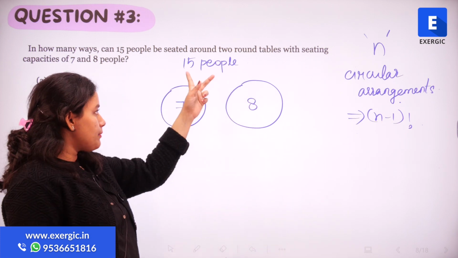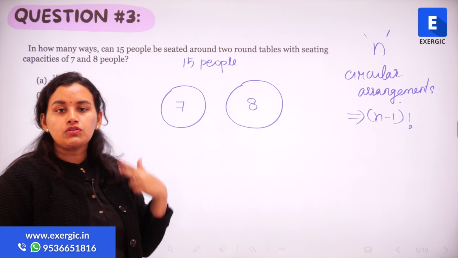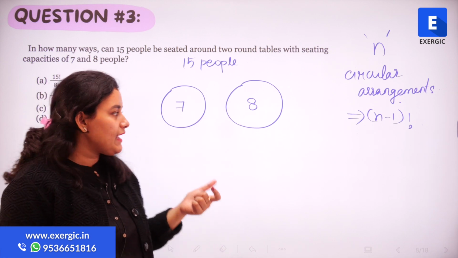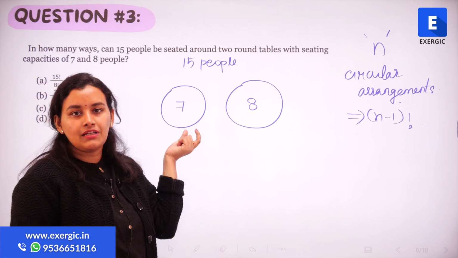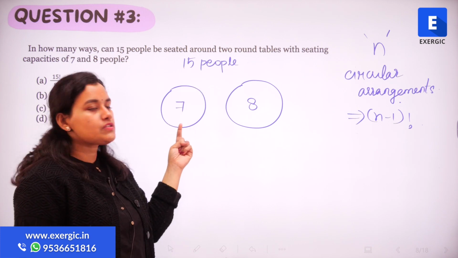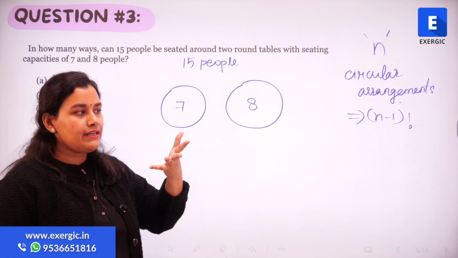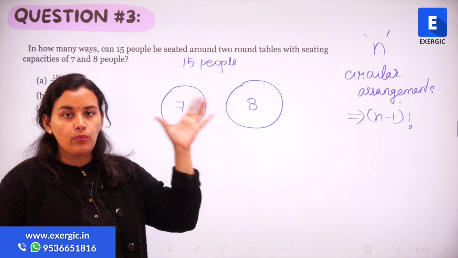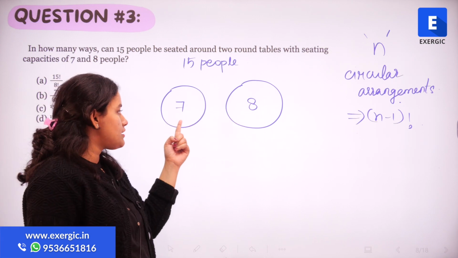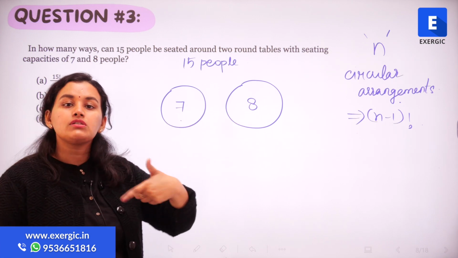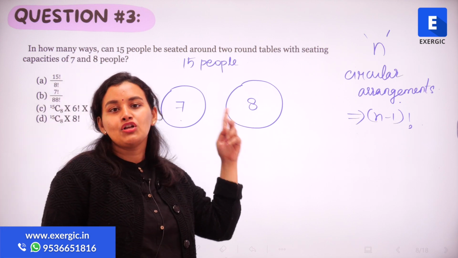Now we have 15 people and 2 tables. So the first thing you should think of is which 7 of these 15 are going to sit here. How do we decide out of these 15 people which 7 are going to sit on this table, and which 8 are going to sit here? So how do we do this?